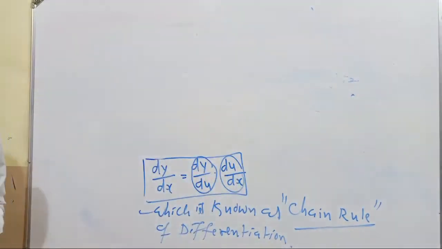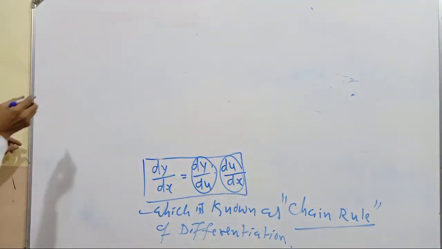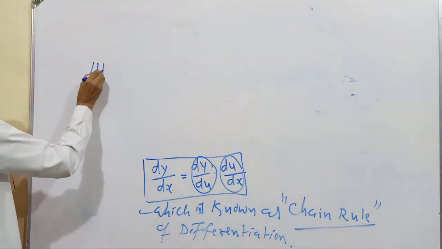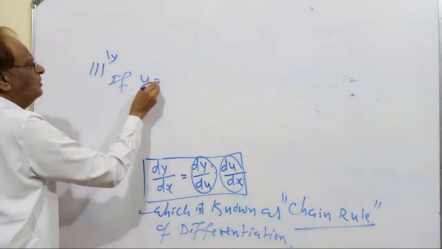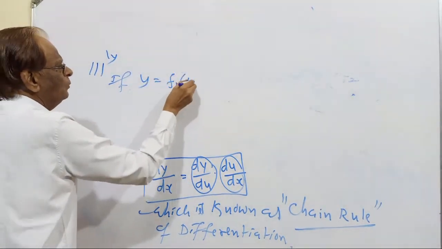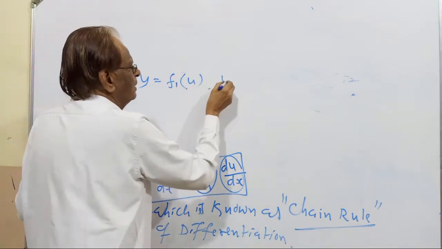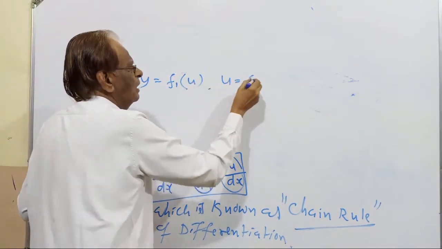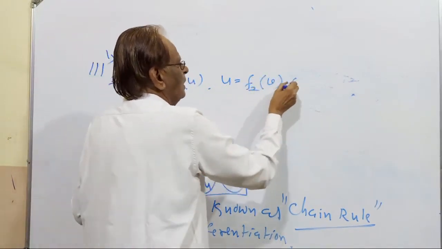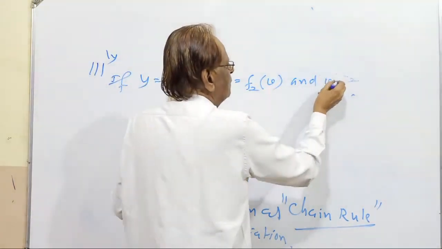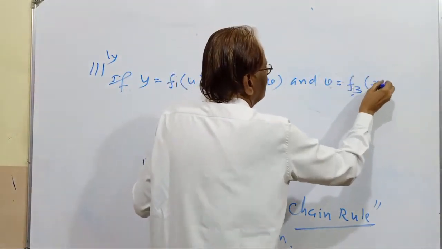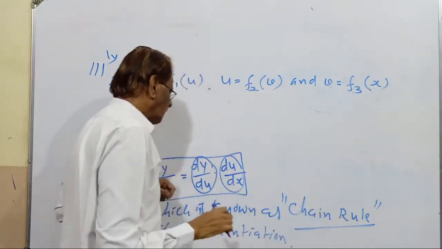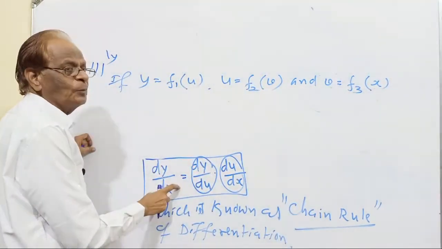We can extend it for any number of terms. Similarly, if y is a function of u, u is another function of v, and v is another function of x. Here we had taken two functions, f1 and f2.